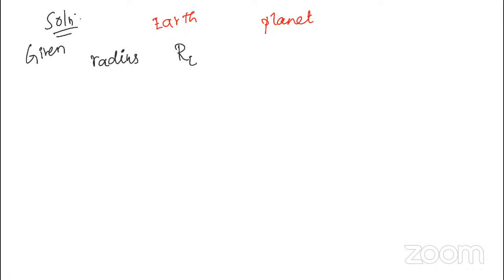Okay, so first I write down the given values. Solution: we have to take the values separately for Earth and planet. Whatever information they are given, we have to write it as given values. Radius: for Earth we write RE, and for the planet RP. In the problem, the radius of the planet is twice that of the radius of Earth.